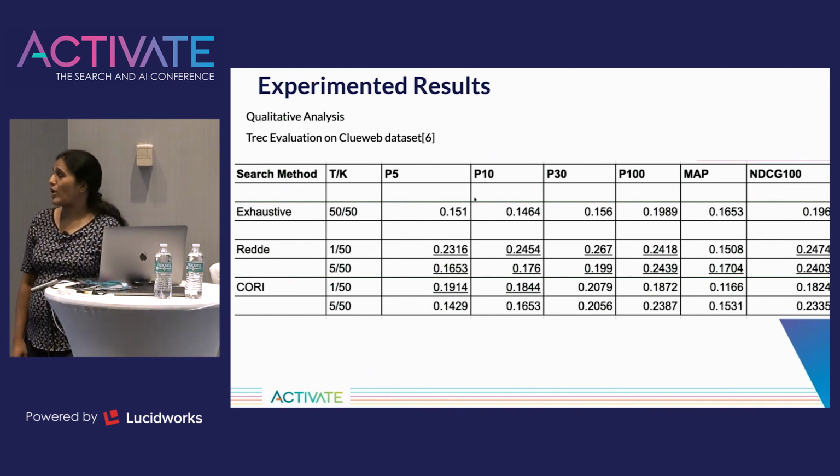That means you query only 5 shards, 10 shards or 15 shards, and the first 5 documents have the same precision compared to the exhaustive search. That should give us confidence that if I shard my documents with topic-based clustering, it still gives good results while searching fewer shards rather than many shards.